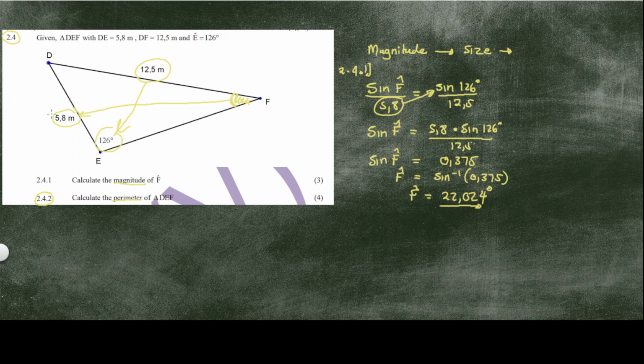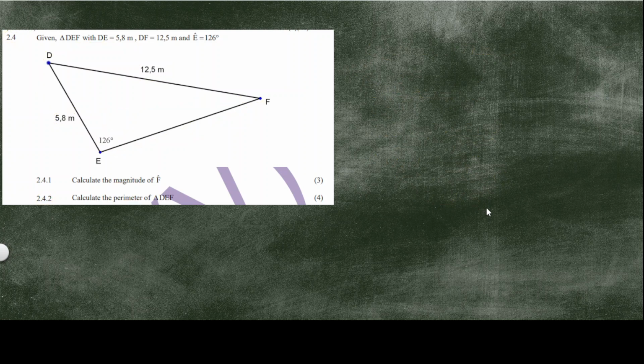So the 5.8 should be added to the 12.5. However, I'm missing a third length, which is the EF. That is the missing length. So what do we do? We have to calculate the EF. Now the question is, how do we calculate the EF?